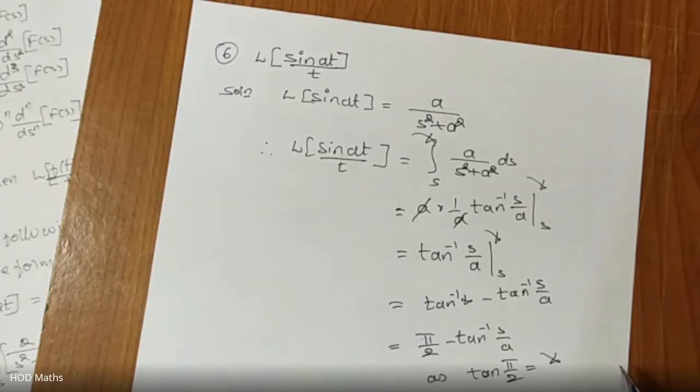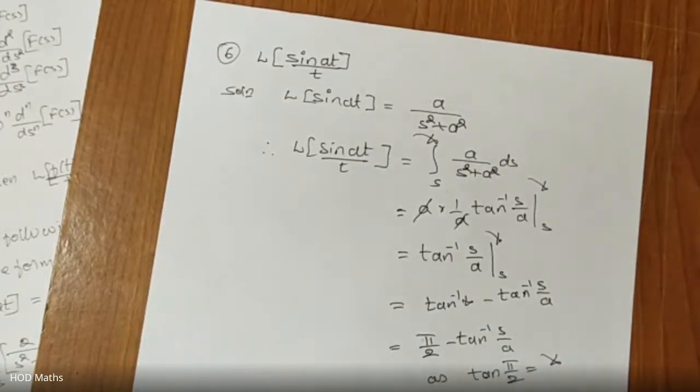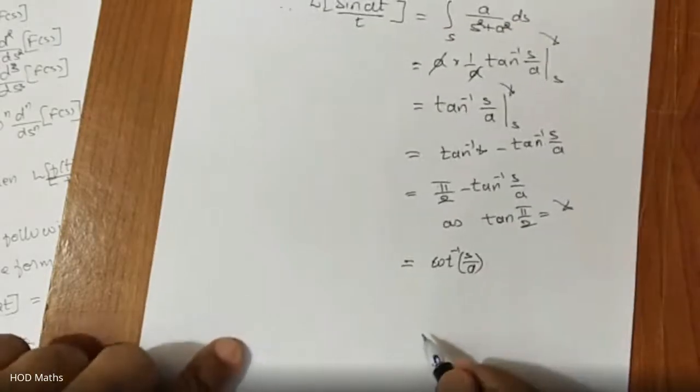Therefore, this one we write as pi by 2 minus tan inverse S by A. Similarly, you can write pi by 2 minus tan inverse S by A as cot inverse S by A. In some books, you might get this as cot inverse S by A. So this is the result.